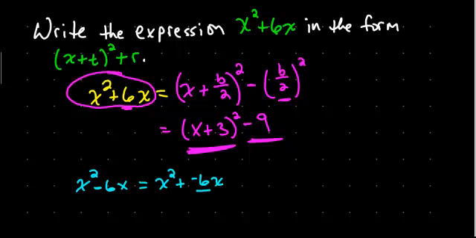So my b is negative 6. So this is going to equal x plus b over 2, so x minus 3 squared, minus, and b over 2 is negative 3, but we square it, and that gives me a positive 9, but that negative is still left alone, so it's minus 9.